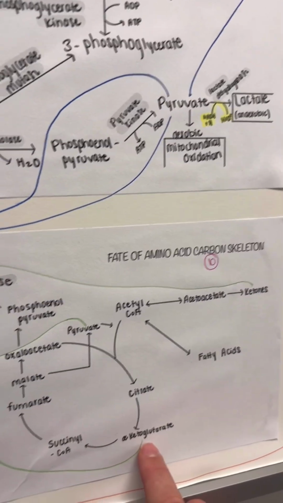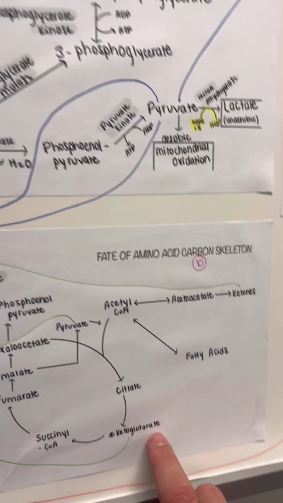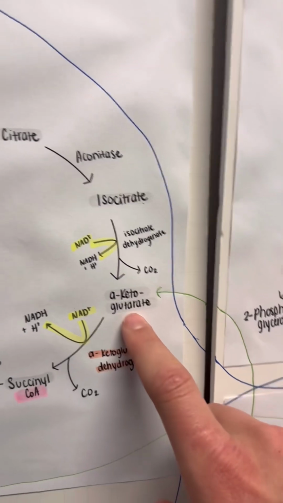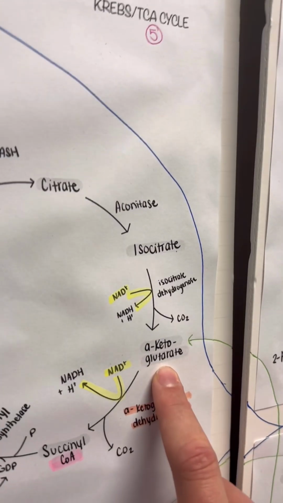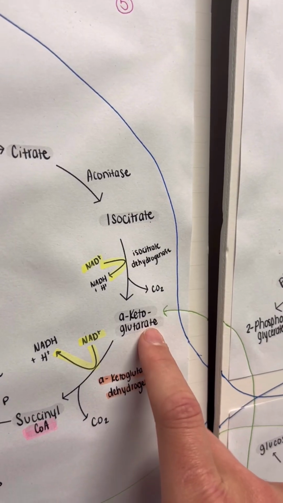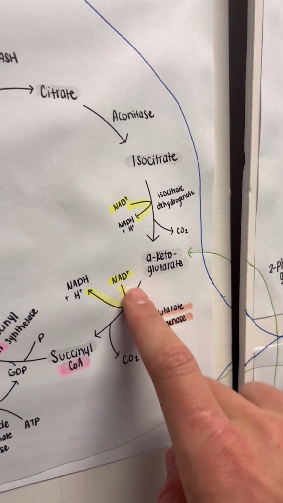This is actually a TCA cycle intermediate, and this is alpha ketoglutarate. So we're going to follow the green shown here, and once it enters the TCA cycle, it is oxidized to CO2, as we see here, and then it is able to produce NADH and FADH2.